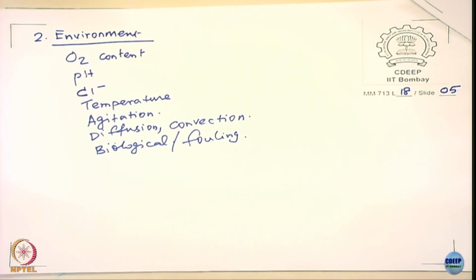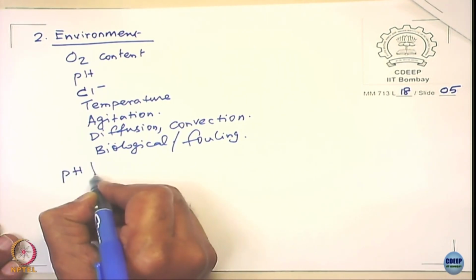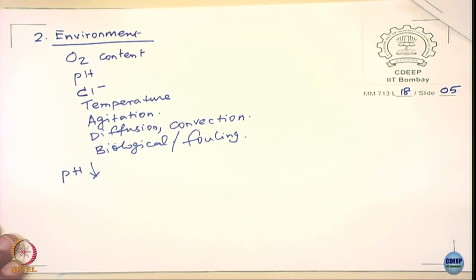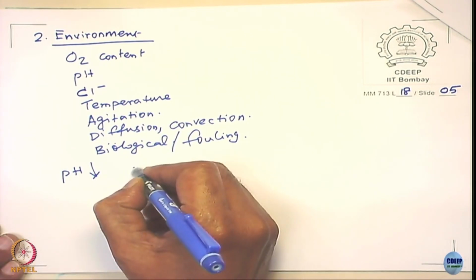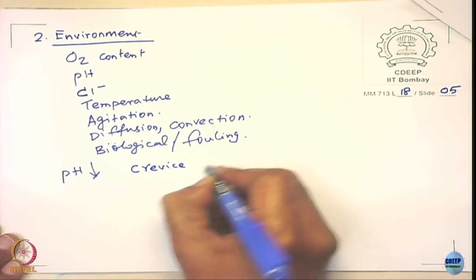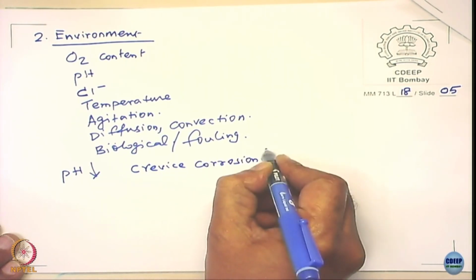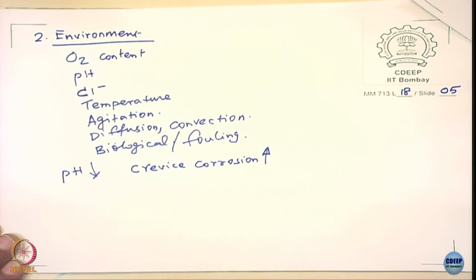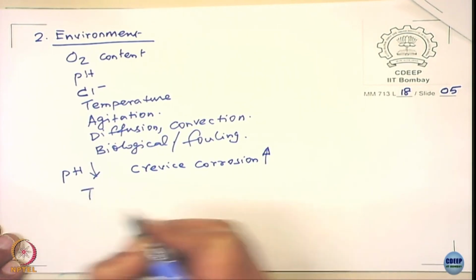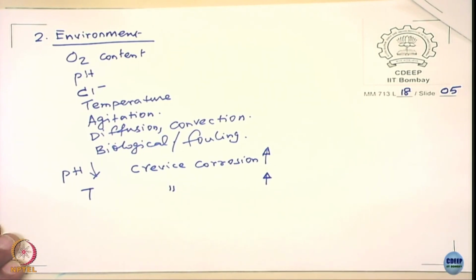Generally, we can say that when you decrease the pH, crevice corrosion increases. Similarly, the temperature, crevice corrosion increases.